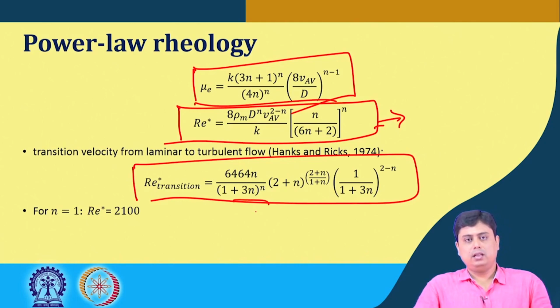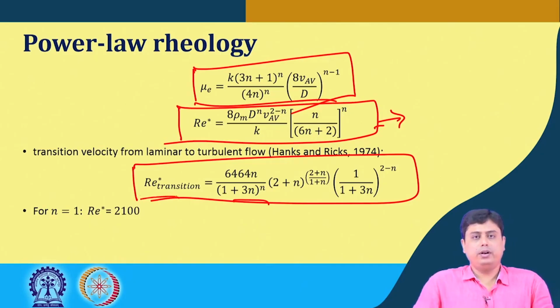So we see that for a set of power law fluids, meaning when n is a particular value, then for that set, irrespective of the consistency index, the transition Reynolds number has a fixed value.